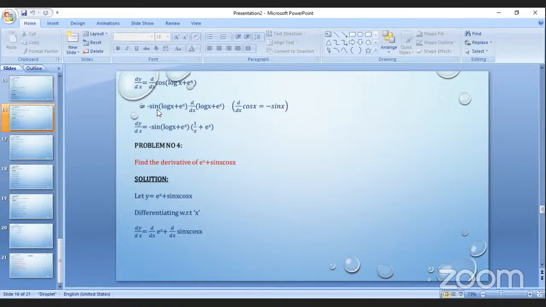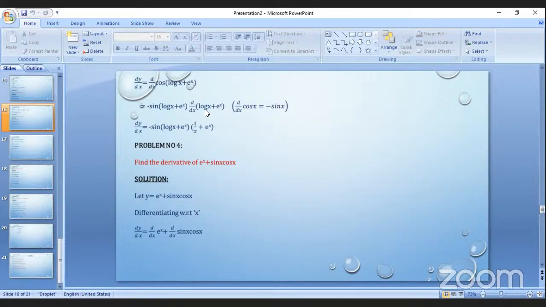So minus sin, in the place of x we write log x plus e power x, and derive the remaining function, that is d by dx of log x plus e power x.